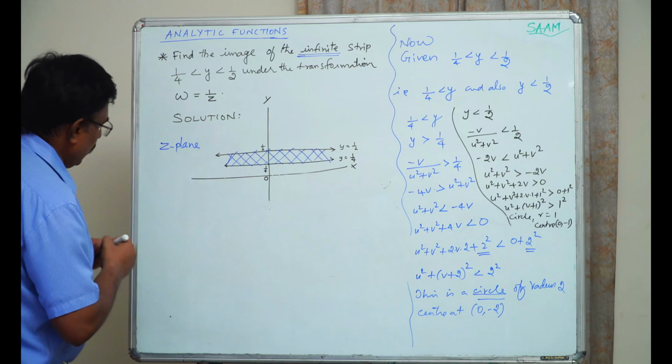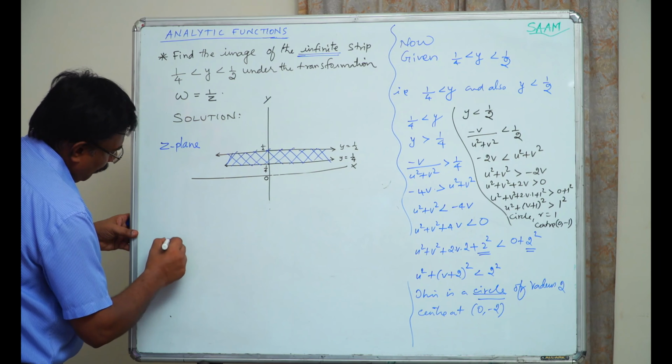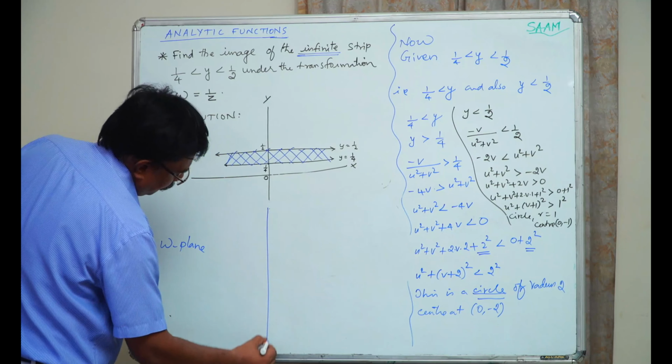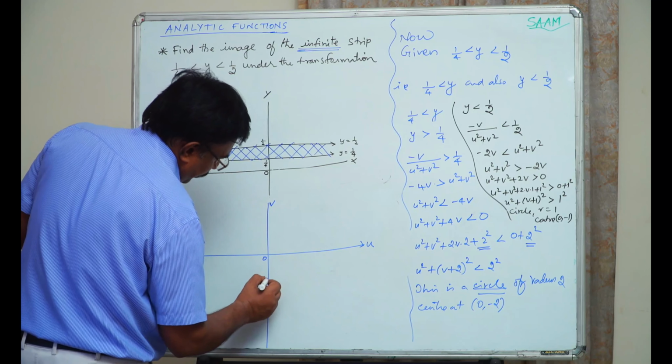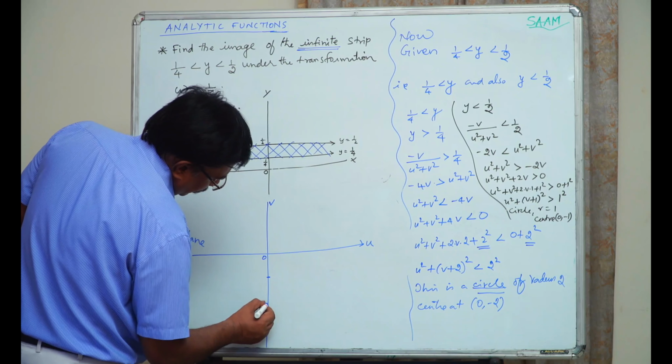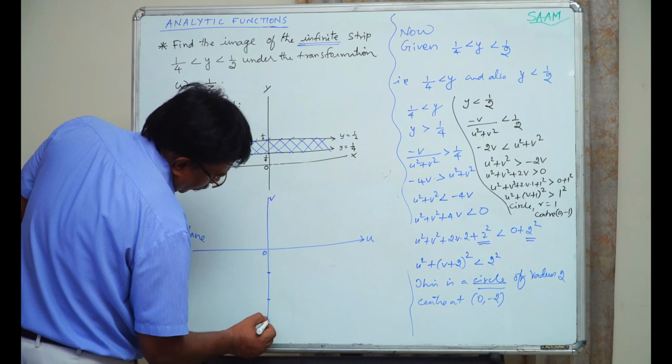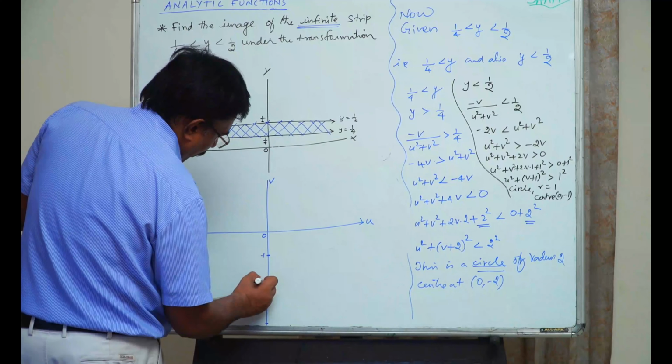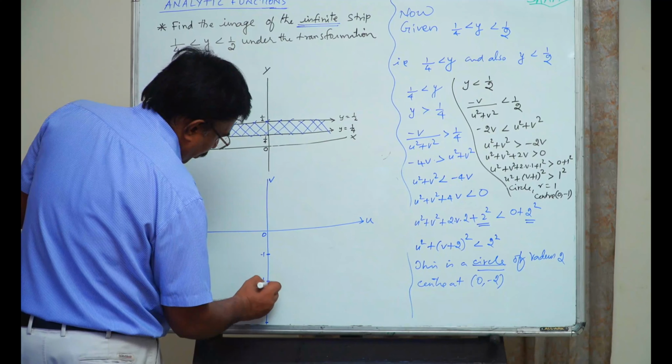So this is the z plane. Now the ω plane. This is the u axis, this is the v axis, this is the origin, this is 1, 2, 3, 4, and -1, -2, -3, -4.